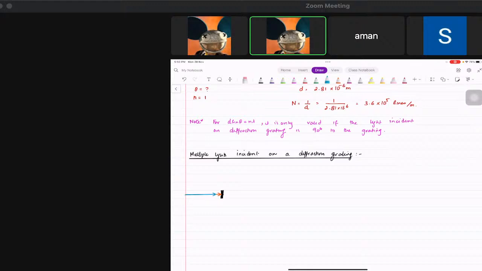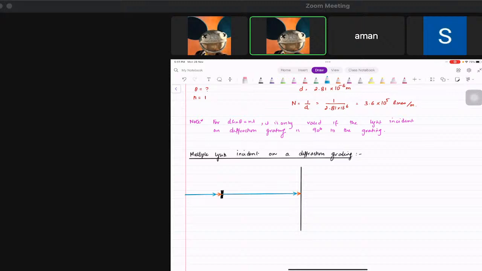Naturally, when you see it on a screen, you're going to notice that the orange color, which has a longer wavelength, will diffract more than the blue color, which has a shorter wavelength. On the 0th order, both lights overlap, so you don't see any difference. They will be mixed.